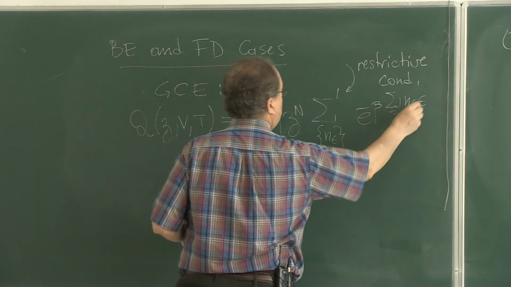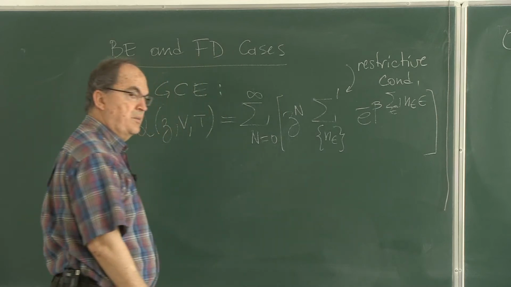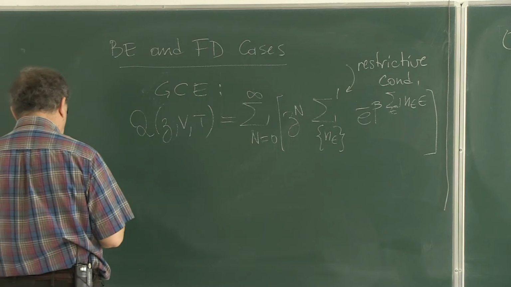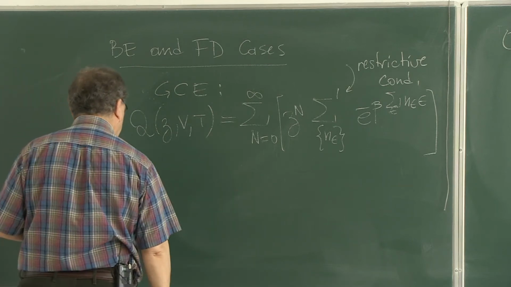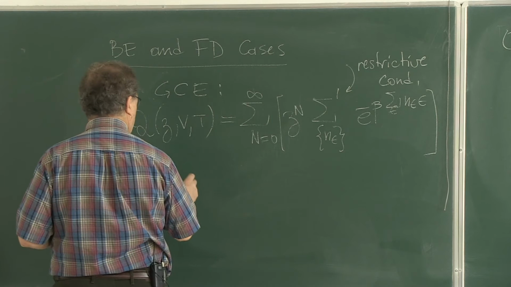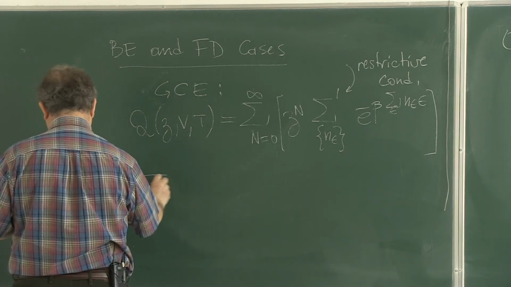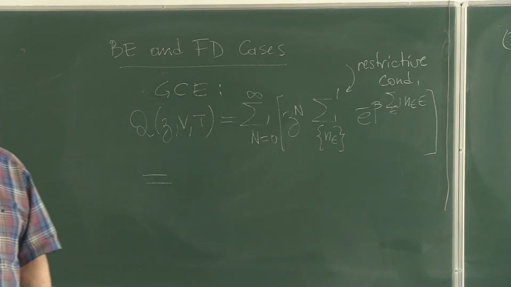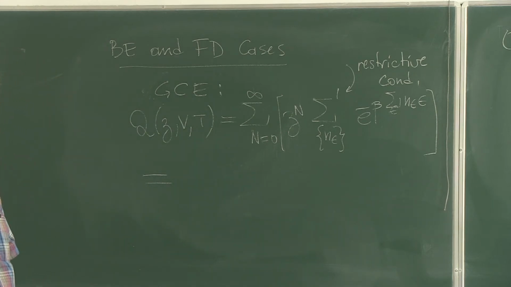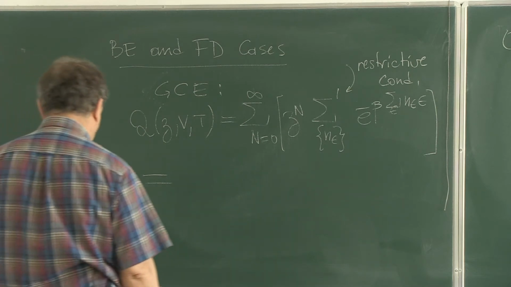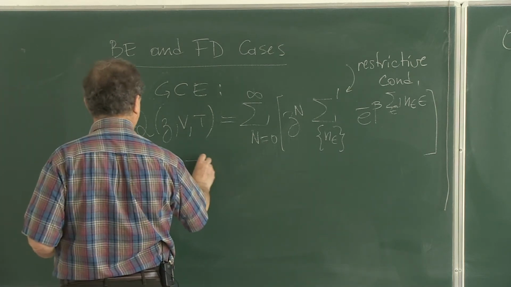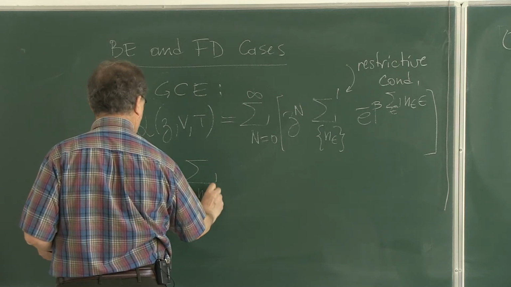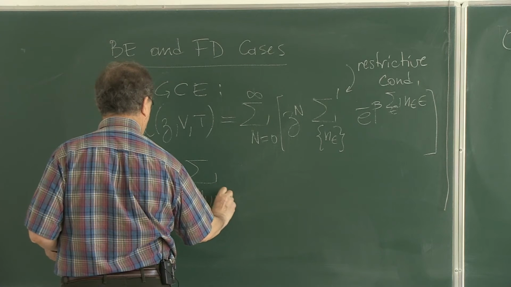That's the kind of double sum. And this double sum can be written over all possible occupation numbers as follows. We can treat them as independent from each other. There are occupation numbers, so we can write them as a sum over individual occupation numbers.